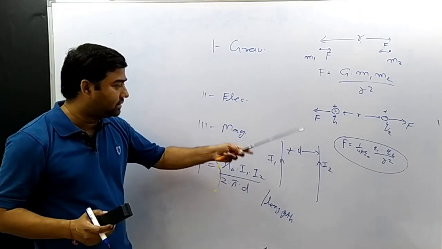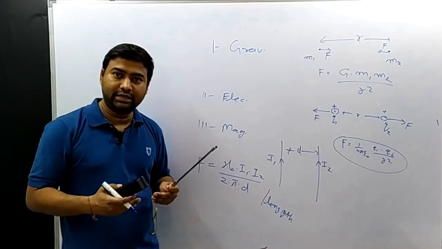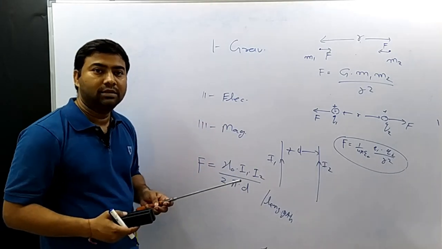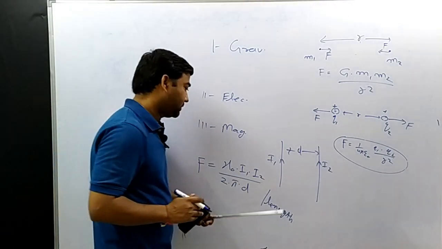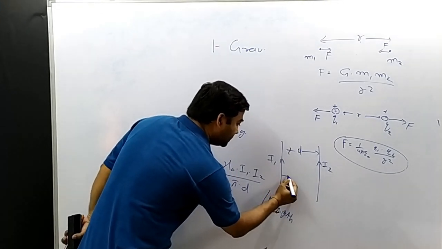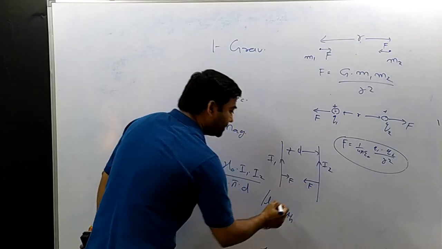If both currents are in the same direction, then it will be attractive in nature. If currents are in opposite directions, then it will be repulsive. Here again, on this wire this force F is acting, and on the other wire this force F is acting.